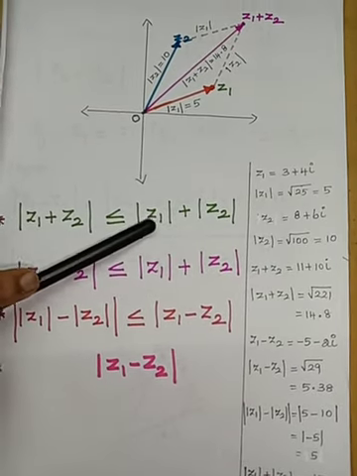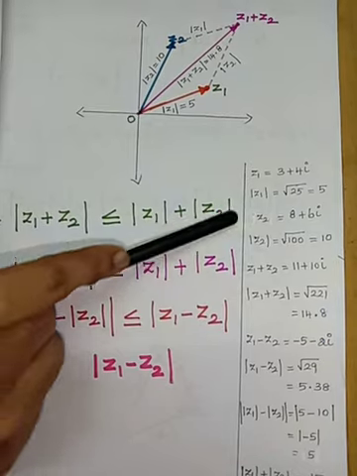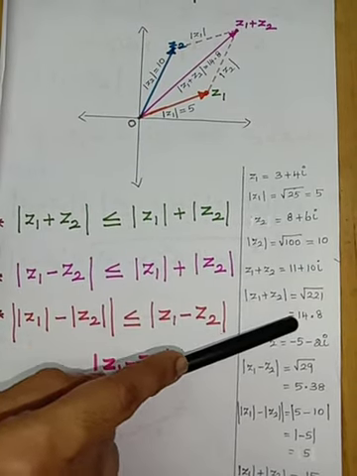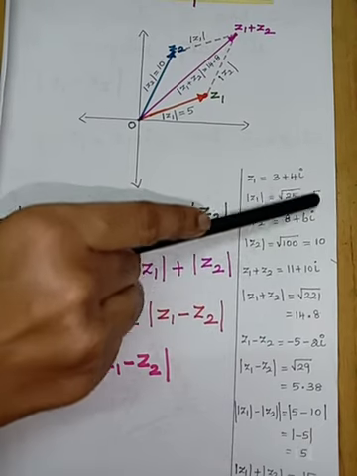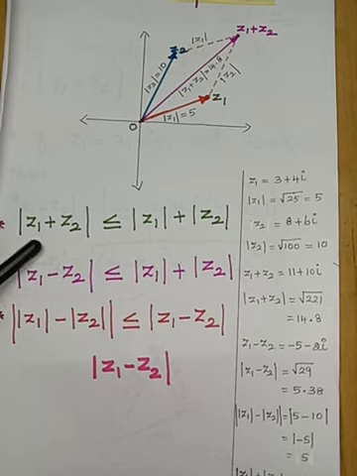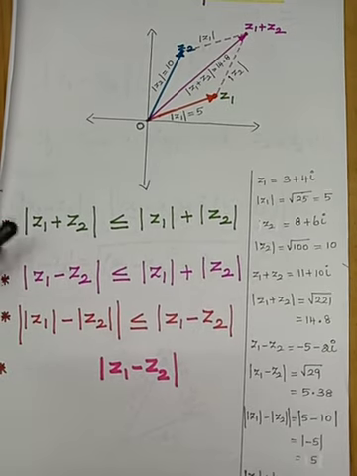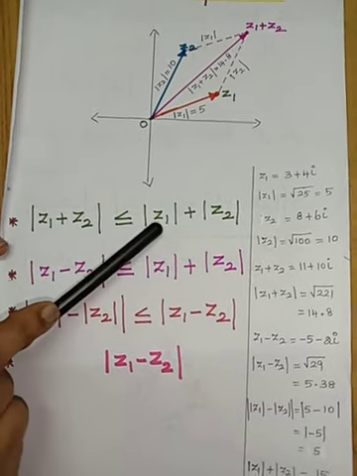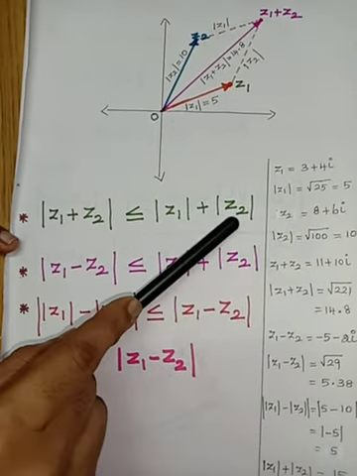Modulus of z1 is 5 and modulus of z2 is 10. Your 14.8 is less than 5 plus 10, that is 15. Sometimes it may be equal. So modulus of z1 plus z2 is less than or equal to modulus of z1 plus modulus of z2.